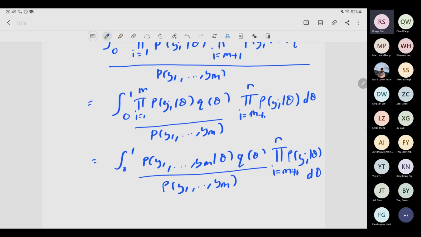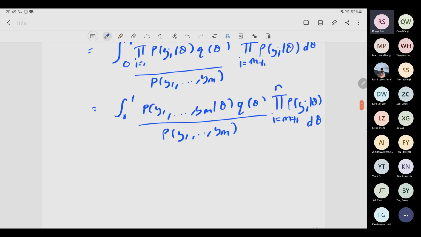Not enough space, too large. So this is actually your posterior.